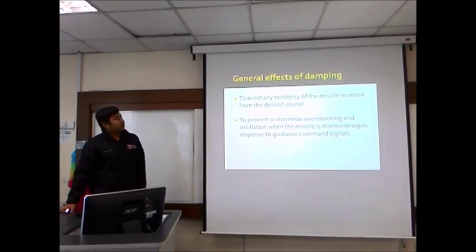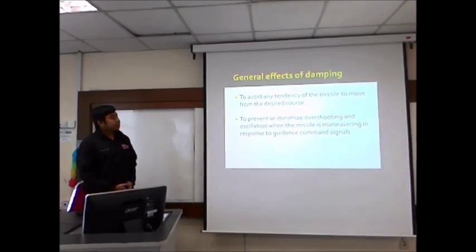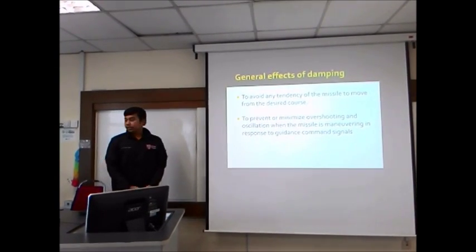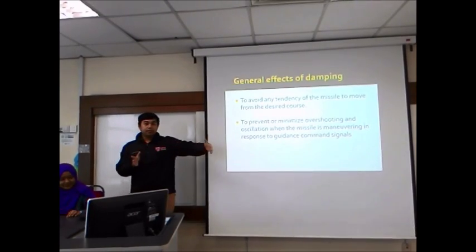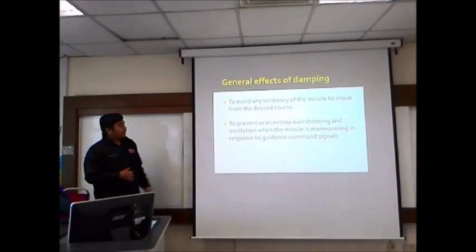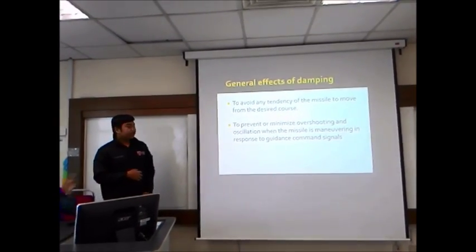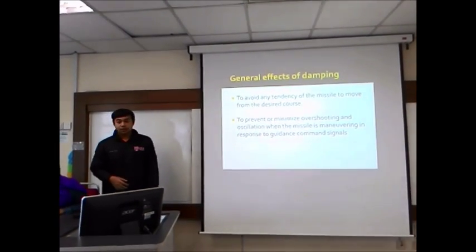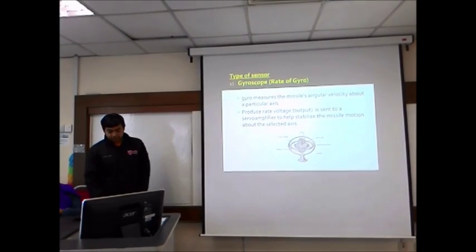The general effects of the damping are to avoid any tendency of the missile to move from the desired course, which is to not let it go away from its path, and to prevent or minimize overshooting and oscillation when the missile is maneuvering in response to guidance command signals.